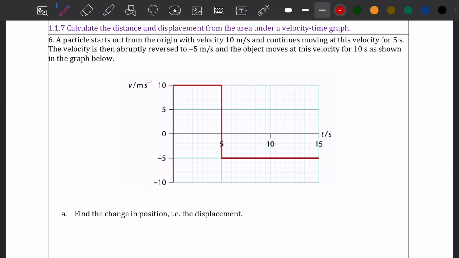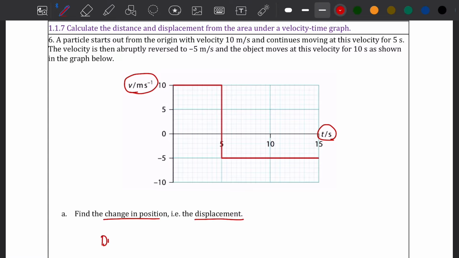So again, the first thing you should notice is what kind of graph we have. It's a velocity time graph. It's asking you to find the change in position, or the displacement. So remember, change in position is the same as displacement. If the question asks you to find change in position, that means they are asking for displacement.